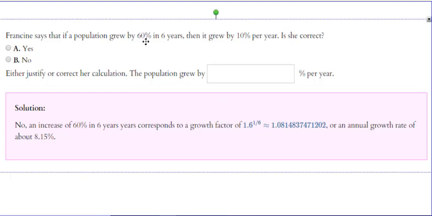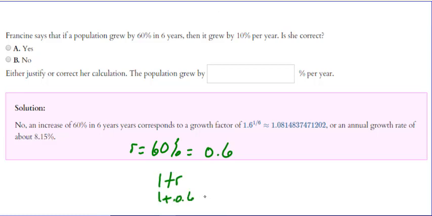Well, 60%, right? So that's an r of 60%, which is really 0.6. So it's 1 plus r, so 1 plus 0.6, which is 1.6, right? That's our base. Now to get it back to a base for 1 over elapsed time, right?